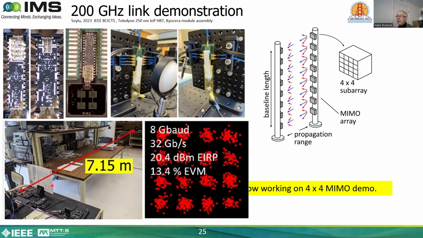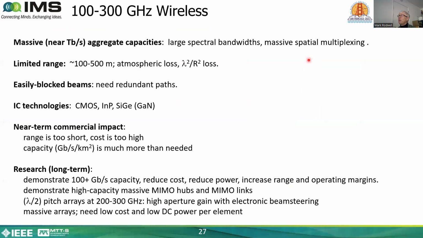That's a short enough link that we're overloading the receiver, and we're forced to put attenuation in the beam by putting sheets of cardboard to attenuate the beam. Presently, as I'm showing you here, is a link with a 32 gigabit per second data stream using 16 QAM. We are now working on a 4x4 MIMO demonstration of this and hope before long to have something to show you.